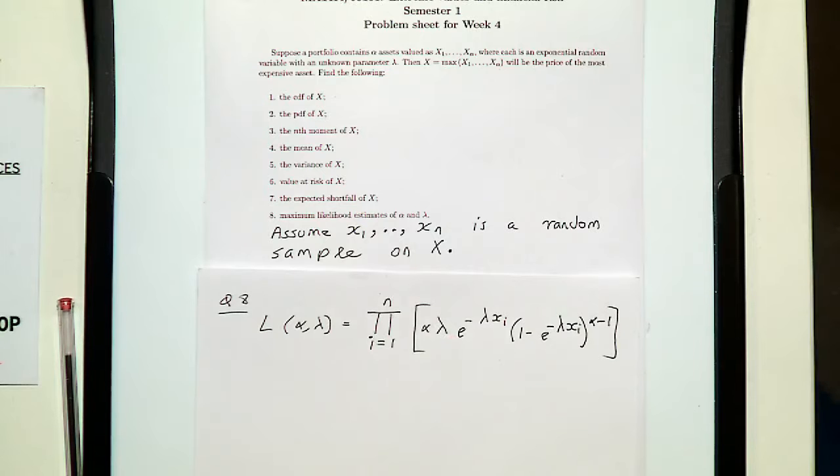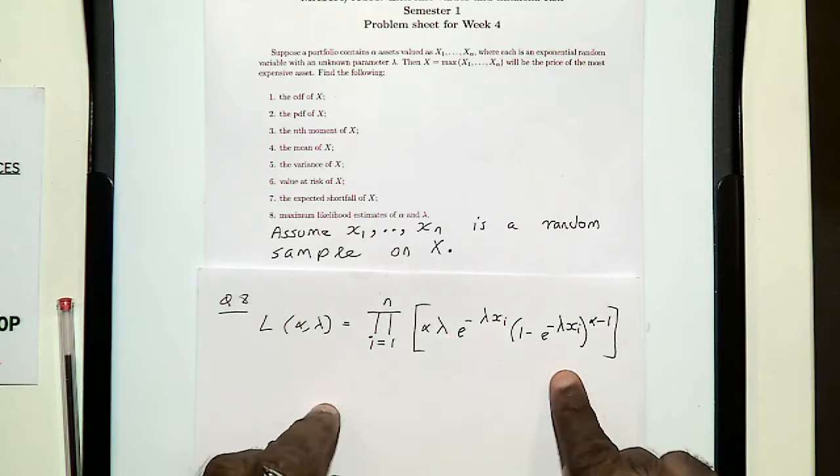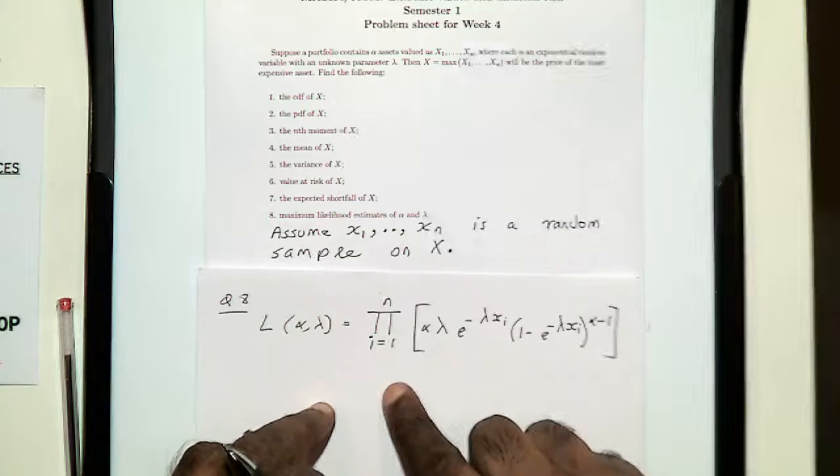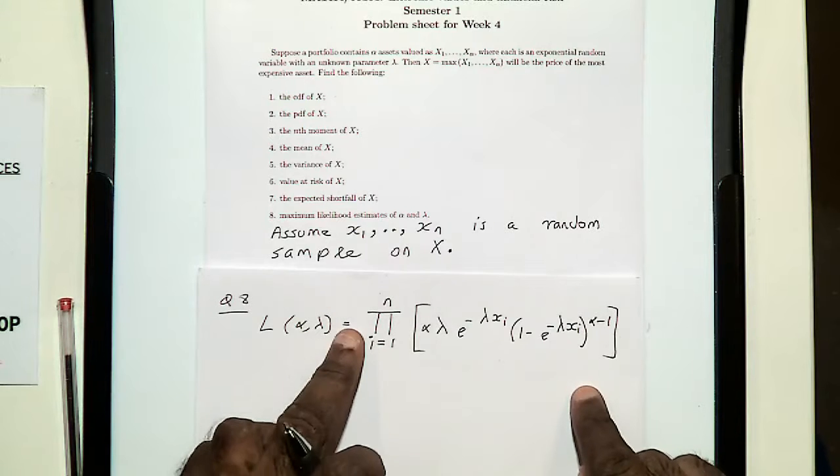Okay, guys, you with me? So this is the density that we derived in part 2 of sheet 4. The likelihood is just the product of this from 1 to n.